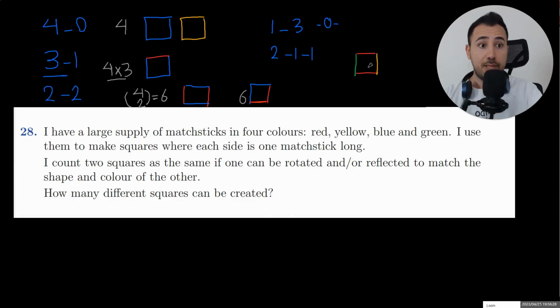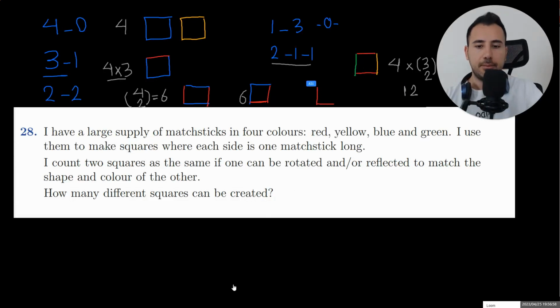To choose the red one, we have the ones that are facing, 4 possibilities. And then from the remaining 3 colors, we have to choose 2. It will be something like this. So it will be 12.